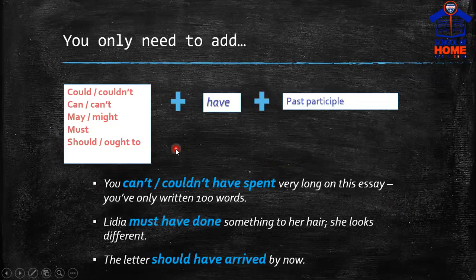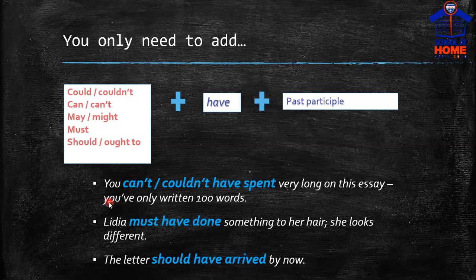So this is the main structure to form the sentences. You need only to add could, couldn't, can, can't, may, might, must, should and ought to, plus have, plus past participle.